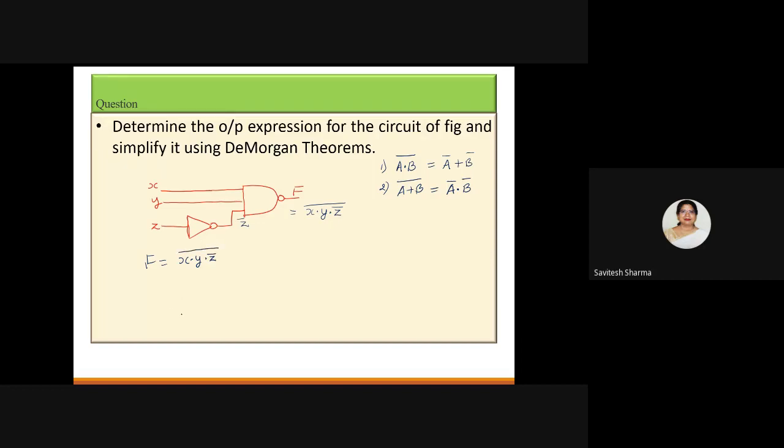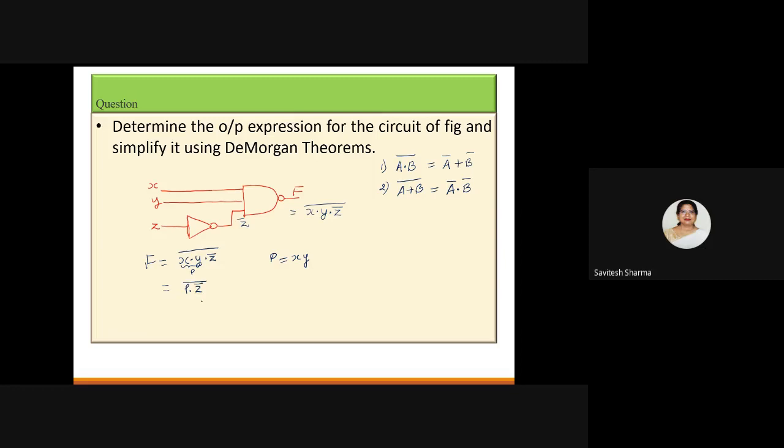I want to apply the De Morgan theorem, which means I need to come out with a two-variable operation only. So to simplify, I am assuming xy is p, so it is p dot z complement.